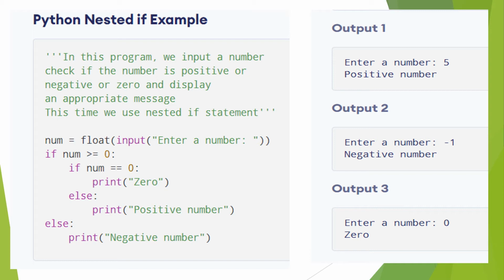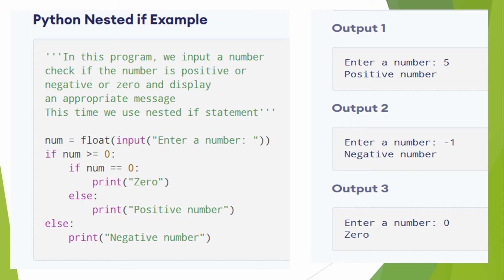So indentation is the only way to figure out the level of nesting. They can get confusing, so they must be avoided unless necessary. You can have if statements inside if statements. Again, remember, this is called nested if statements.